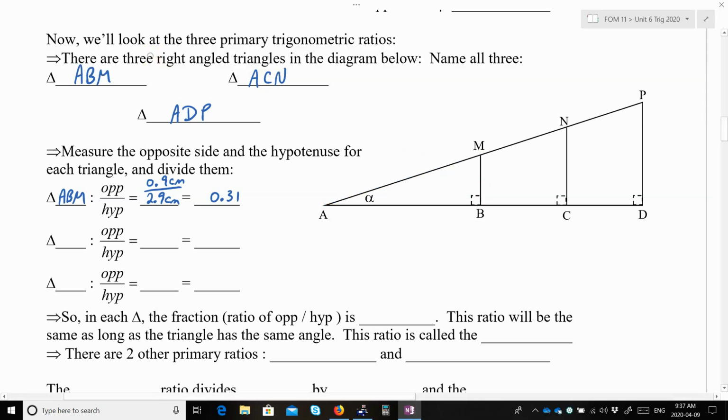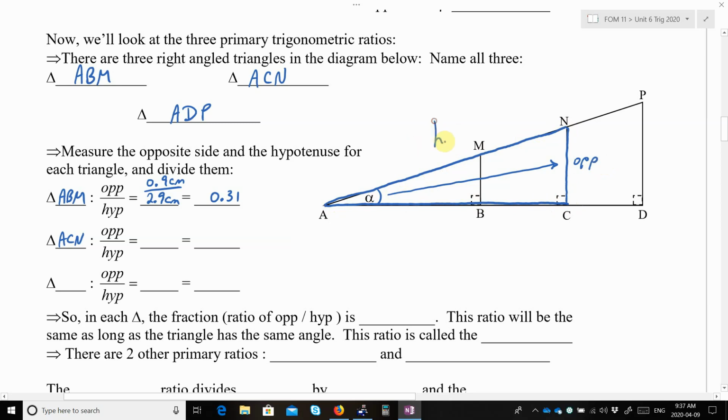Now we'll do this in the middle 90-degree triangle, which is triangle ACN. Here's our angle in question. The opposite side is this. So here's the triangle we're talking about. You kind of have to forget about that line down the middle of this triangle for a minute. Opposite to angle alpha is there.